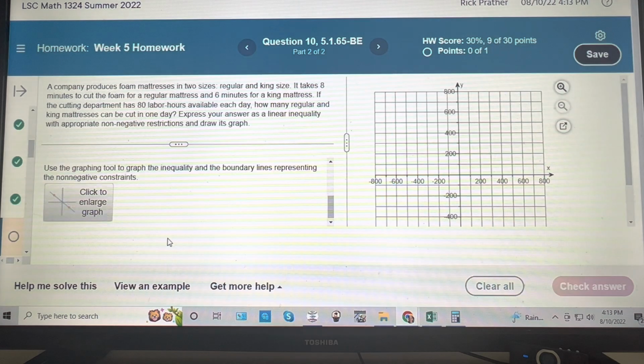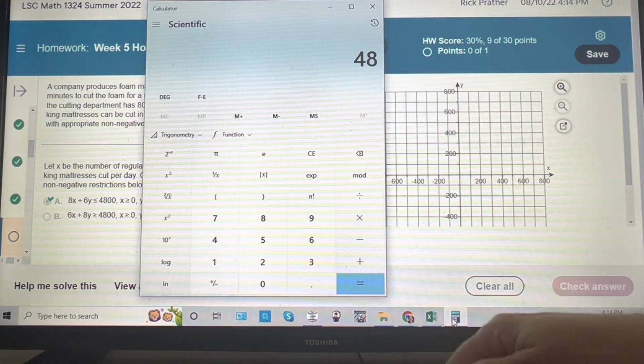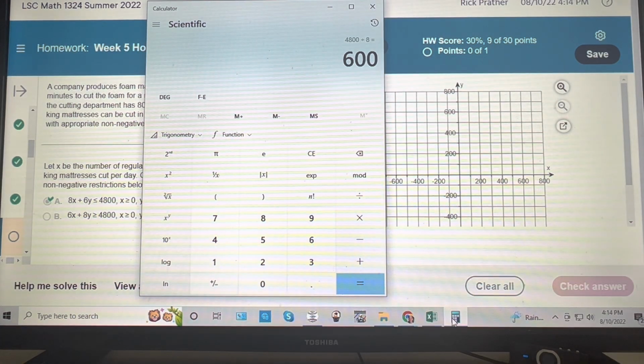Okay, so now we're going to graph this like we did the last two problems. Everything's positive, so I can do the intercept method. If you plug 0 in for y, you'll be left with 8x equals 4,800. 4,800 divided by 8 is 600 for the x. The x is 600 right there.